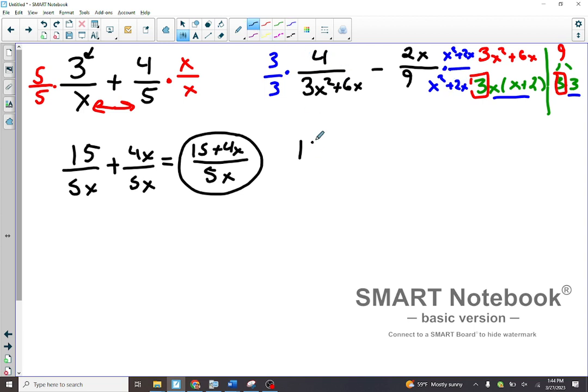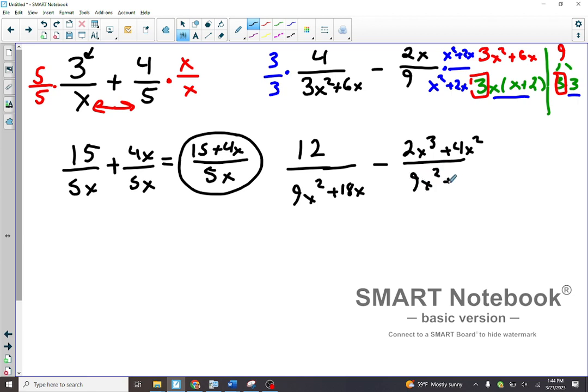So this is going to be 12 over 9x squared plus 18x minus 2x to the third plus 4x squared over 9x squared plus 18x, thank you.